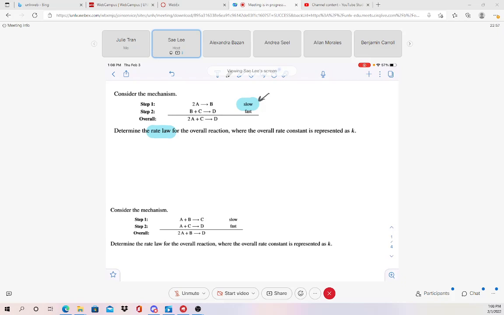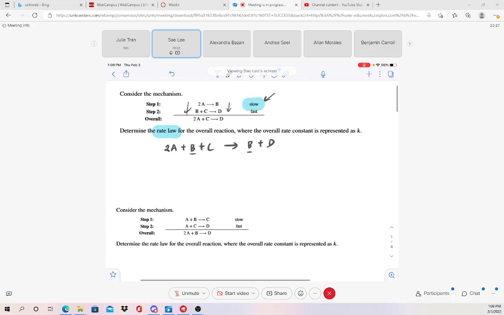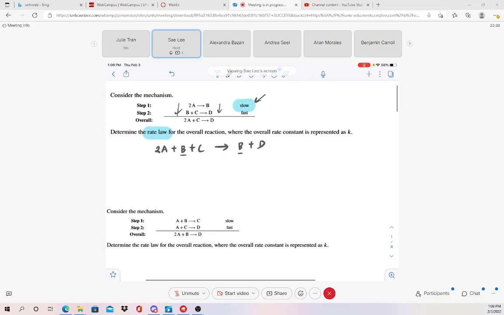In order to find the intermediates, we're going to add up all the reactants and add up all the products. If you add up all the reactants, you have 2A plus B plus C. And for the product side, you will have B and D. Because B appears on both the reactant side and the product side, B is being produced, and then it's being consumed again.